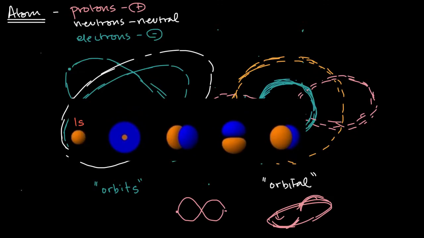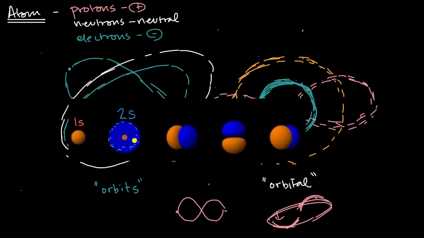If you give even more energy, then that electron might jump into the second energy level, or the second shell. The lowest energy orbital in that second shell would be the 2s orbital. Once again, you have this spherical orbital. It's just more likely to be found further out than when it was in the 1 shell.